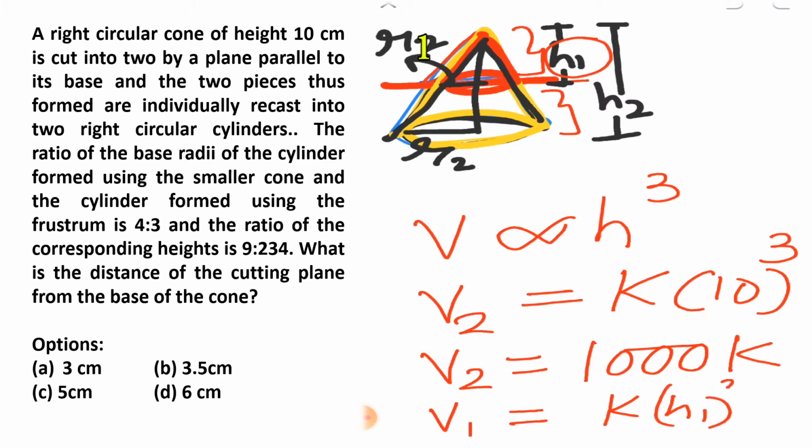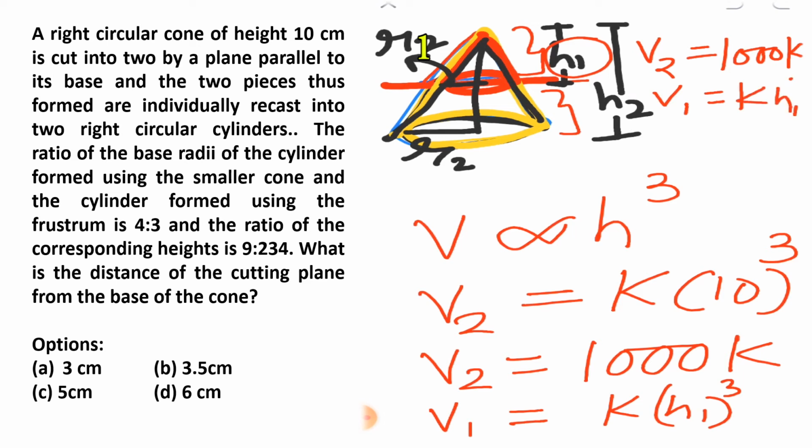Once again I'll repeat that V2 is the volume of the original cone, equal to 1000 K, and V1 is the volume of the smaller cone, equal to K H1 cube.